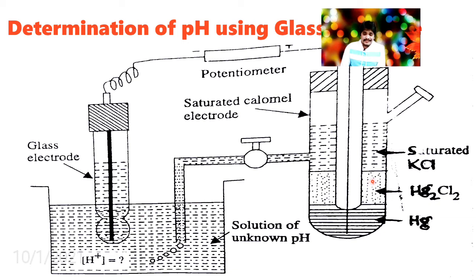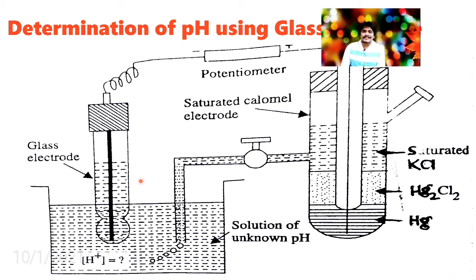Now, what is the saturated calomel electrode? It is the reference electrode, and the glass electrode is the indicator electrode, which is present in the solution whose pH is going to be determined. Among these two, the saturated calomel electrode acts as cathode and undergoes reduction, and the glass electrode acts as anode and undergoes oxidation.